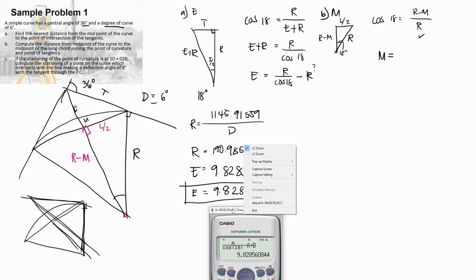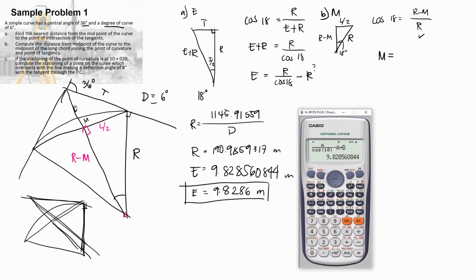So calculator tayo. We have cosine 18 is equal to R minus M over R. And then shift solve. So yung radius natin, yung R, is 190.98.